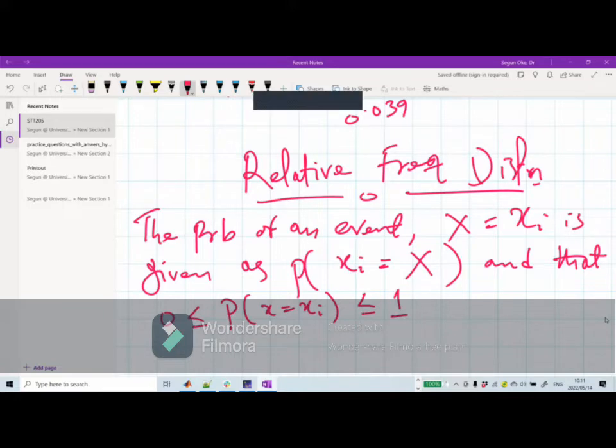Remember, any given probability will be within the interval 0 to 1. It cannot be negative and cannot be more than 1. So take note of that.